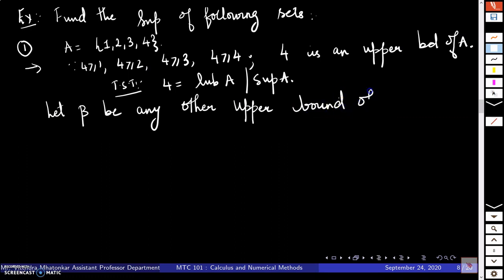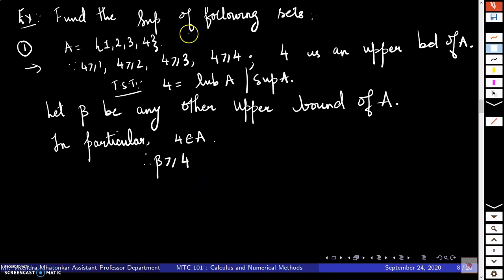Okay. That means beta will be bigger than or equal to every element of A, right? In particular, 4 is also an element in A, and beta is bigger than or equal to every element of A. So beta will be bigger than or equal to 4.